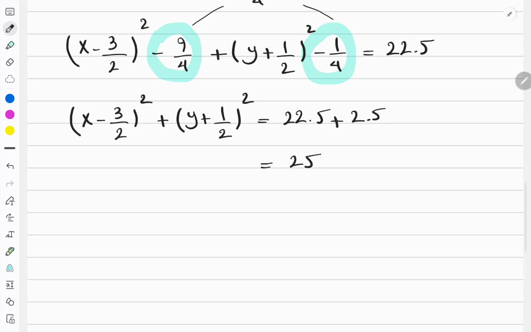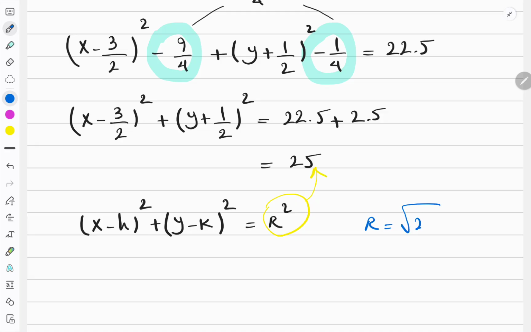So you can see that (x minus h) squared plus (y minus k) squared equals r squared. So the radius is, in fact, r squared is 25. So the radius is the square root of 25, which is 5.